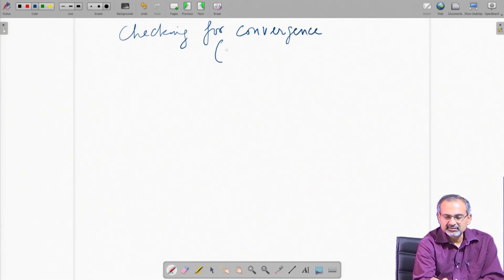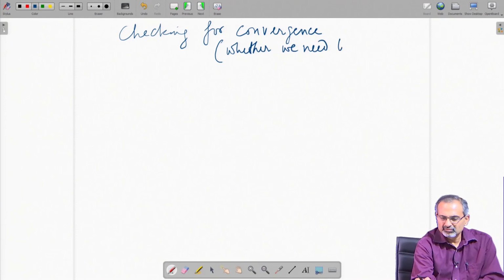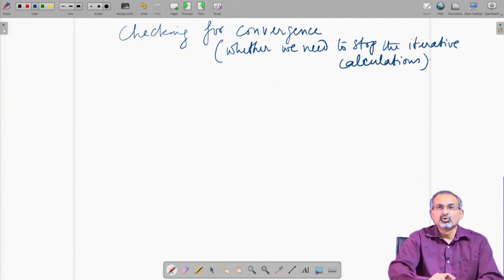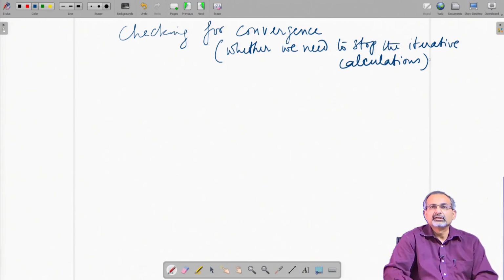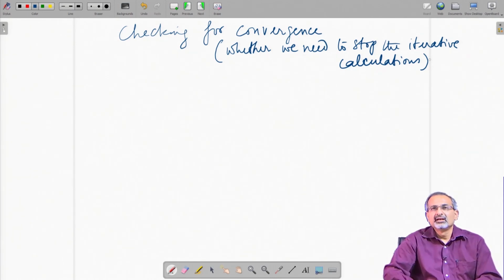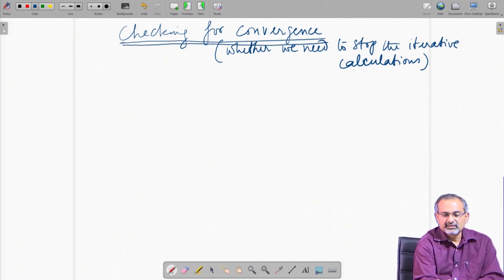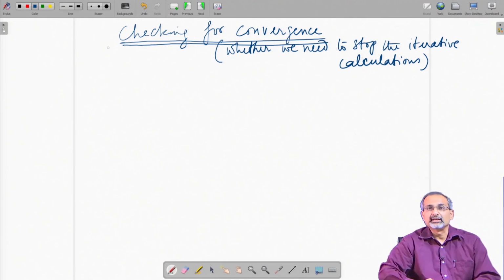This actually answers the question of whether we need to stop the iterative calculations, because otherwise, if you were doing it through a computer code, the computer code would go into an infinite do loop, just repetitively updating the functional values and never able to come out of the loop, because you do not have a proper condition which checks for convergence and allows the computer program to terminate.